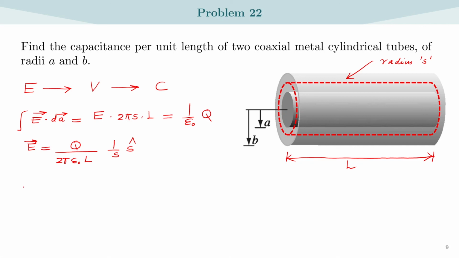The second step is to find out the potential difference. The expression for the potential difference is VB minus VA equal to negative of integral A to B E dot dl.